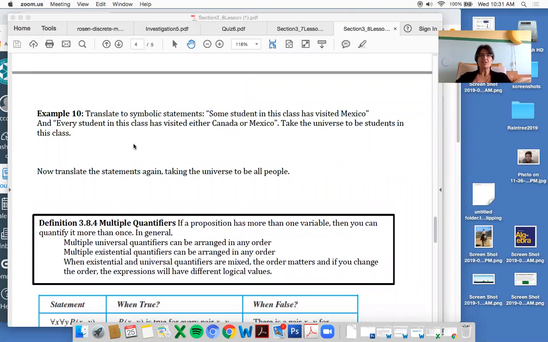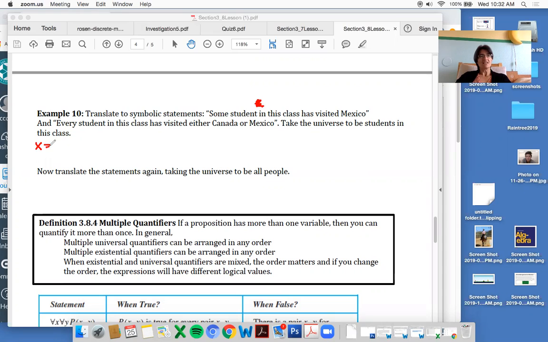All right, let me go over one more translation. Let's look at "some student in this class has visited Mexico." Take the universe to be the students in this class.